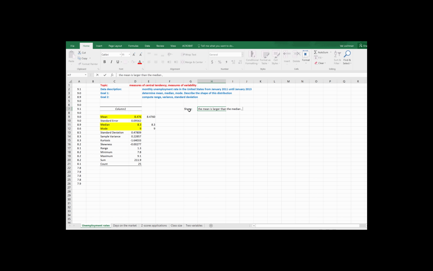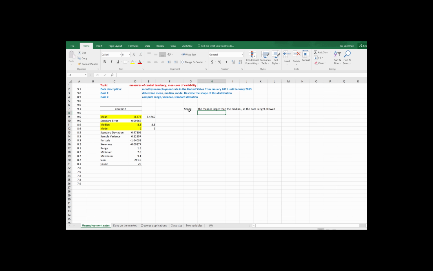So the data is right skewed. Okay, so if the mean is bigger than the median, the data is right skewed. Okay, that's what we have here.